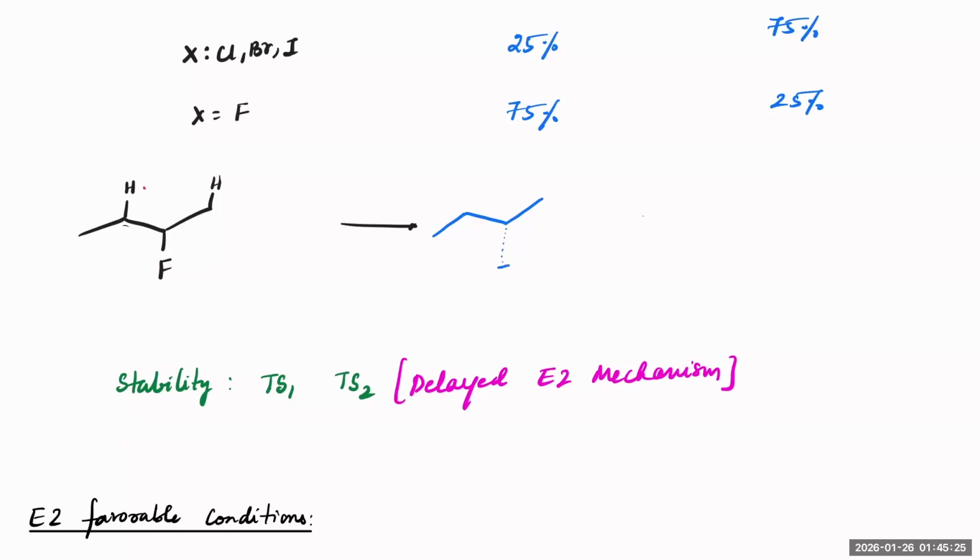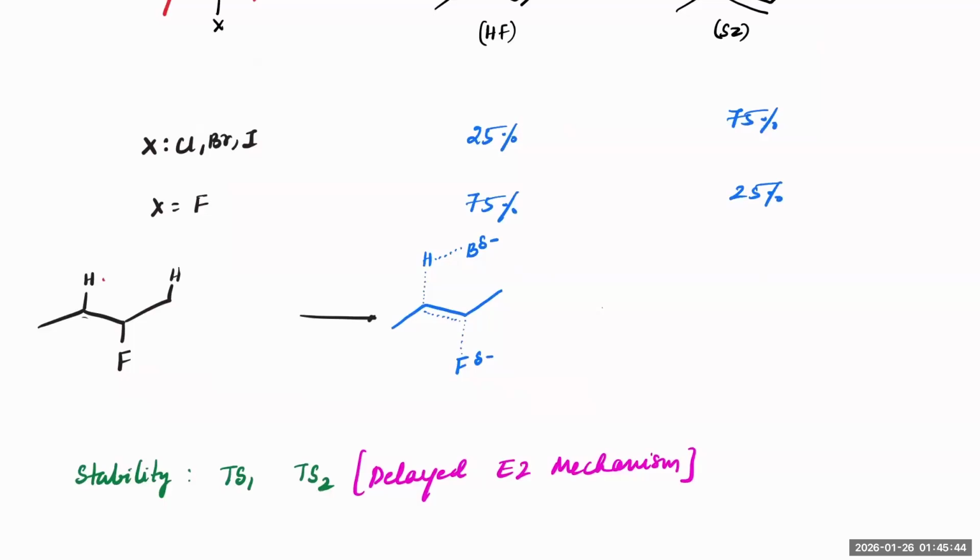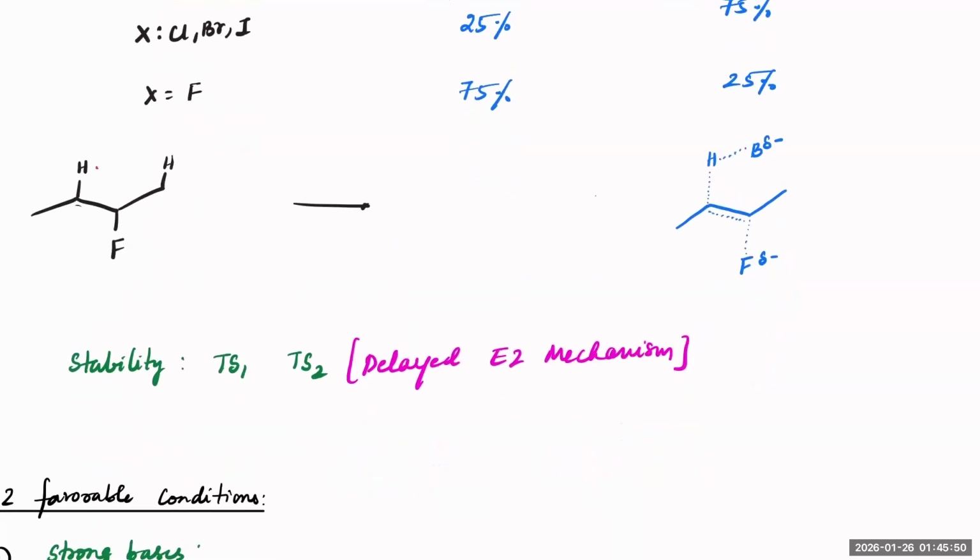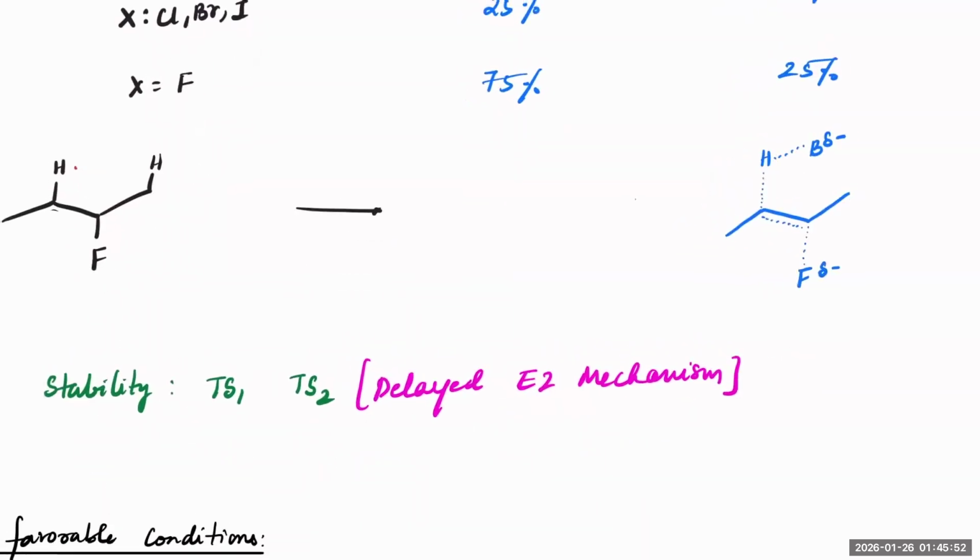From here, fluorine is leaving, a double bond is forming in this direction, and hydrogen is being removed by the base like this. So the base is taking away hydrogen, fluorine is coming away like this. This is what is happening in the case of Saytzeff. I'll put this side here because this side I've written the Saytzeff part. Let me show you what is happening on the Hoffman side.